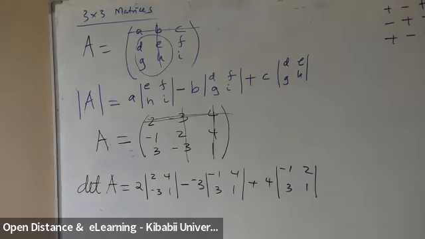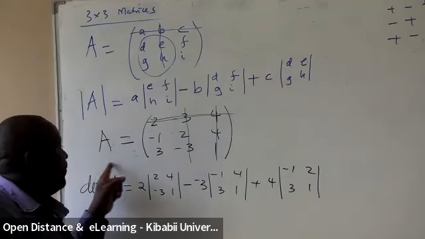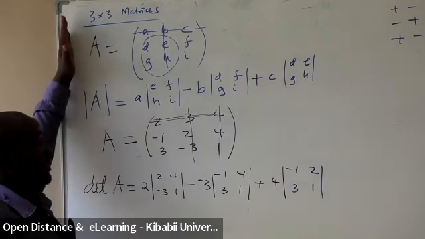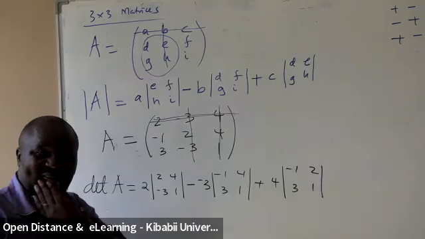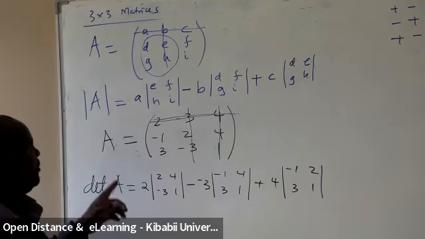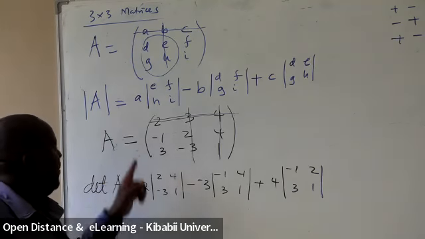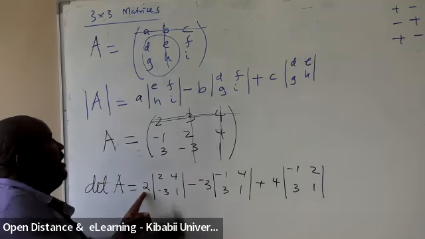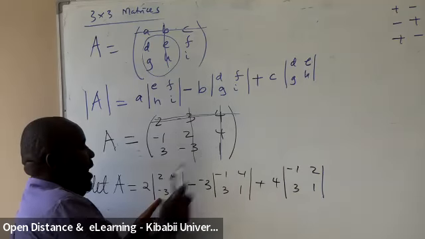I repeat, we want to get the determinant of matrix A, which is 3 by 3. By reduction, we shall be deleting the relevant row and column. So if we use row 1, the first term is 2. Deleting row 1, column 1 leaves us with 2, 4, -3, 1.